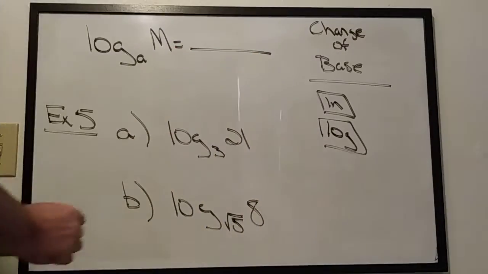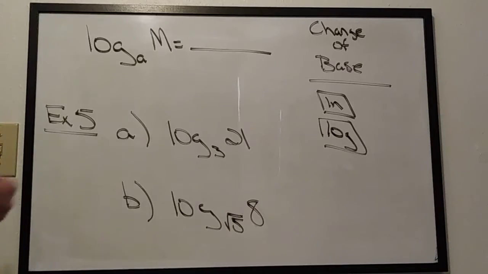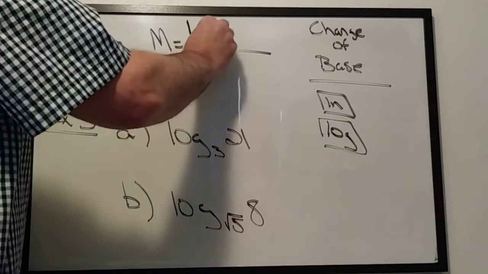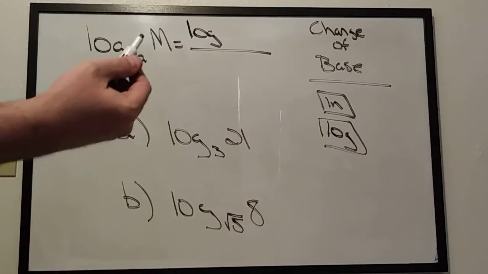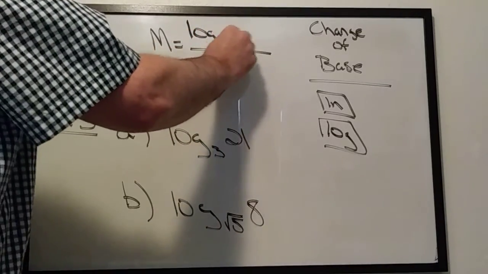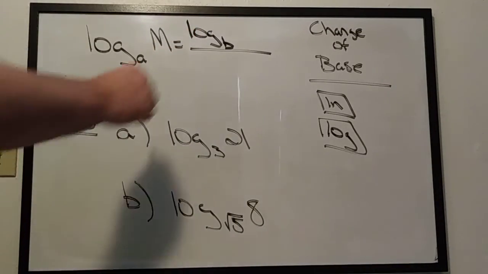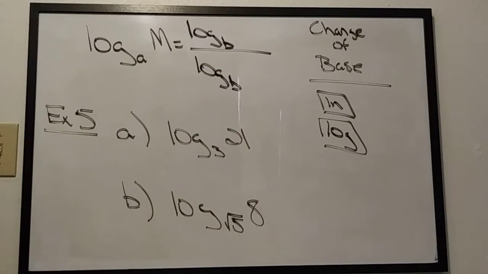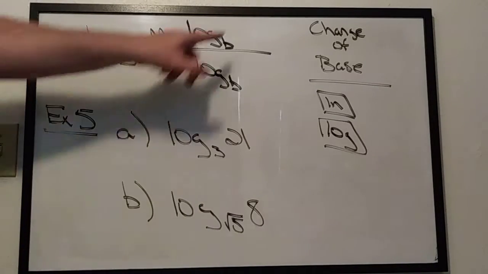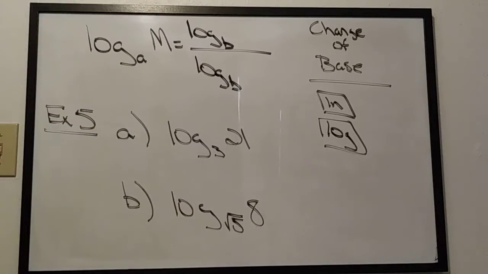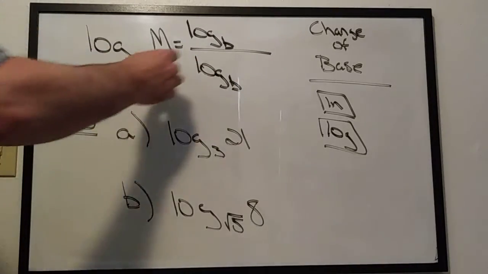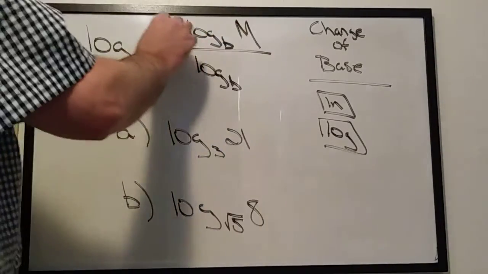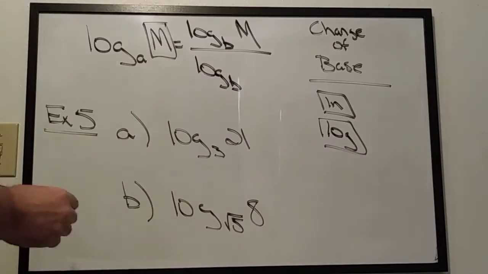So the question becomes, how do I change this log base a into a different base? Well, what happens is you end up having a division problem, and you choose some other base. So let's call it b. Now that log base b is going to appear in both the numerator and the denominator here. The only question then is, what is the argument in the numerator? What is the argument in the denominator? The argument in the numerator is the same as the original argument, the m.